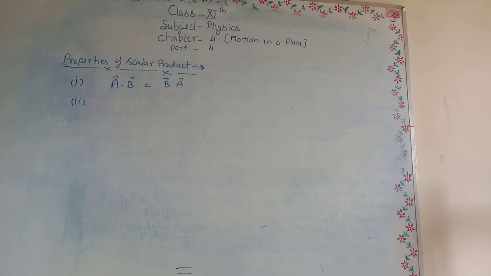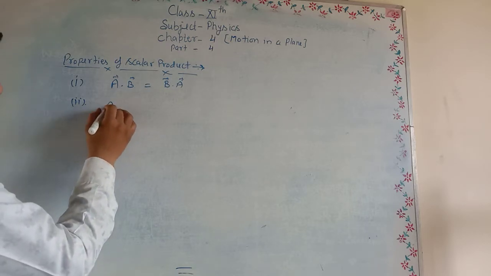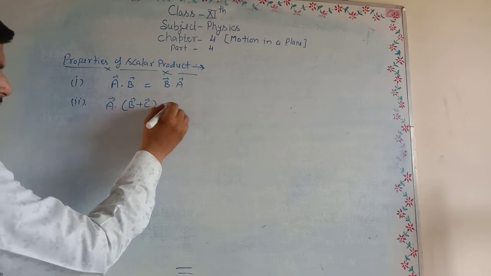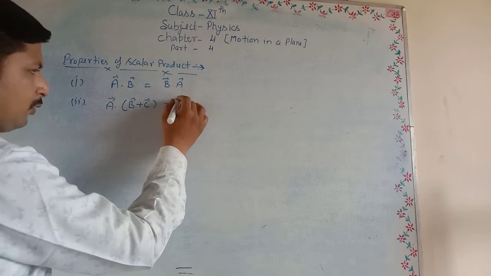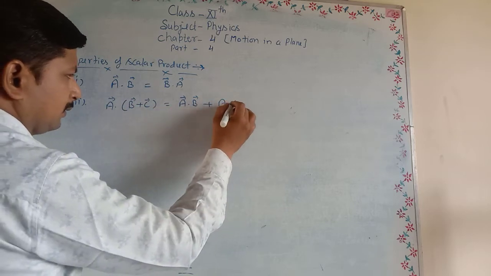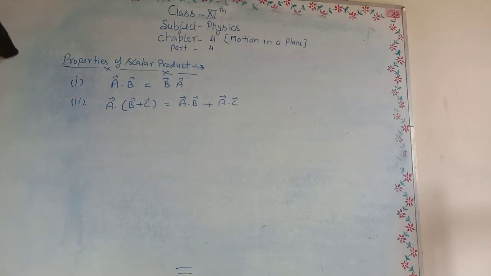Second property, A dot (B plus C) is equal to A dot B plus A dot C.